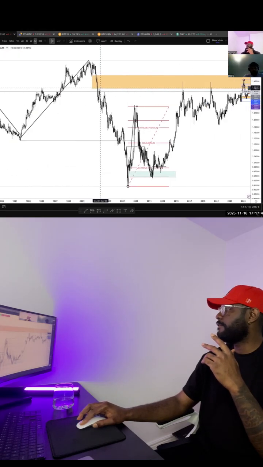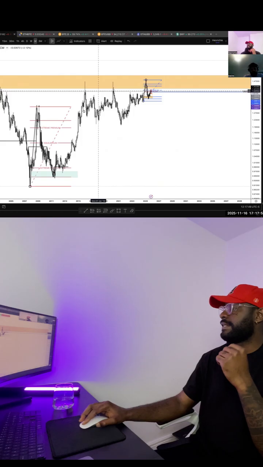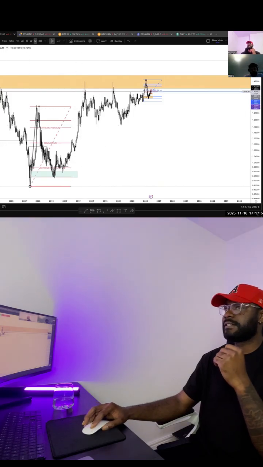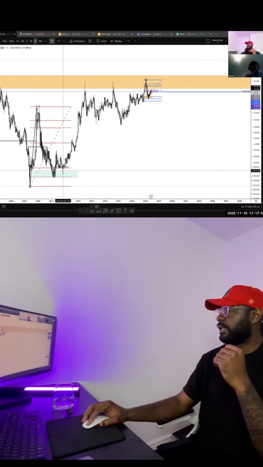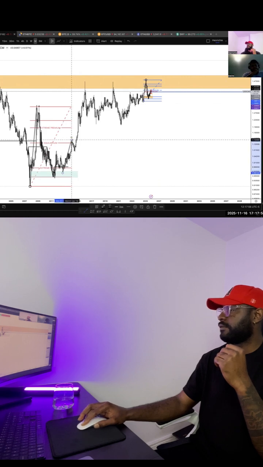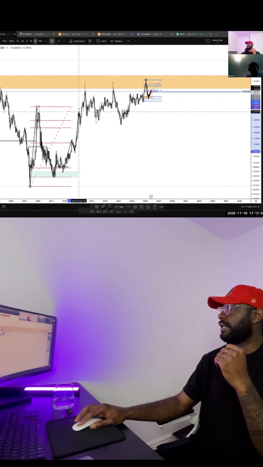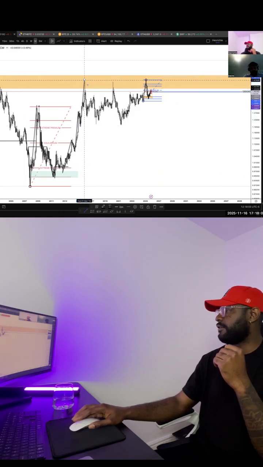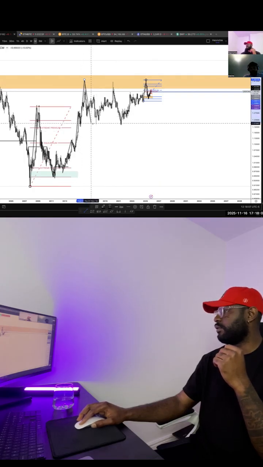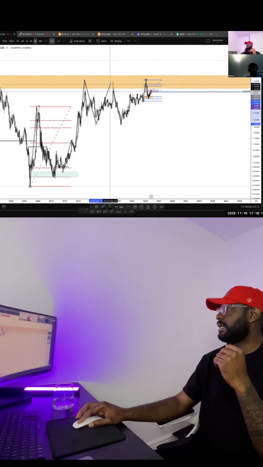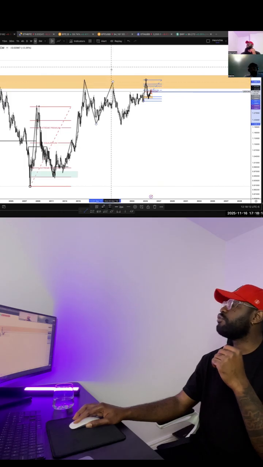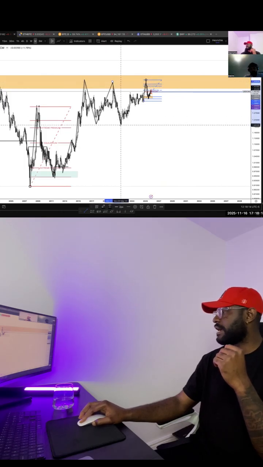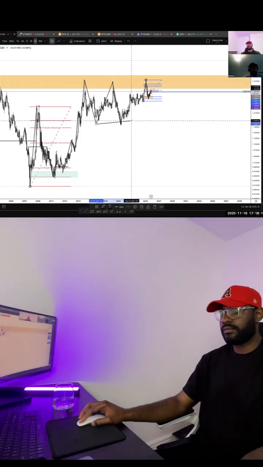Now you can see how price has consistently been going to the upside and has rallied. If you go to the monthly, you can see that the monthly is also consistently creating new higher highs, higher lows, higher highs, and then right here it failed to create a low below this low, rallied to the upside, failed to create a new high, went to the downside, and took liquidity from this low.